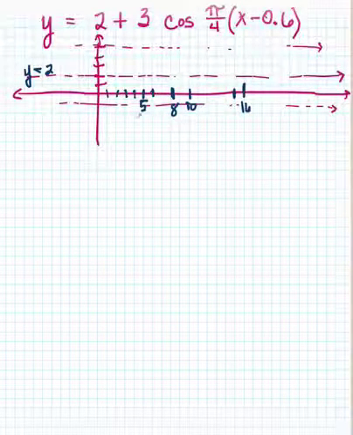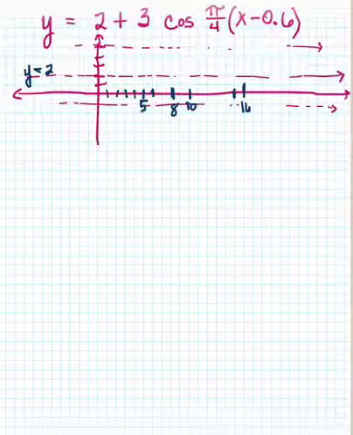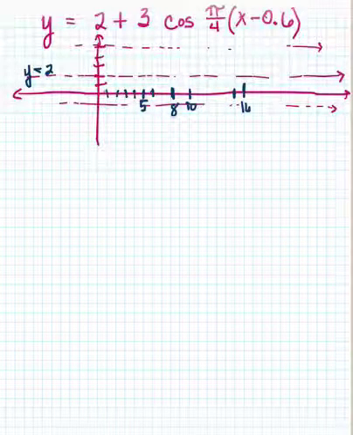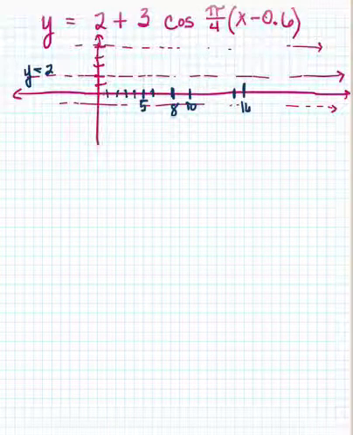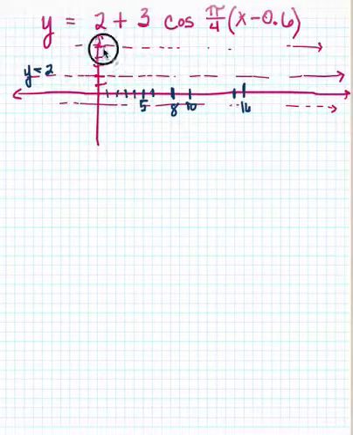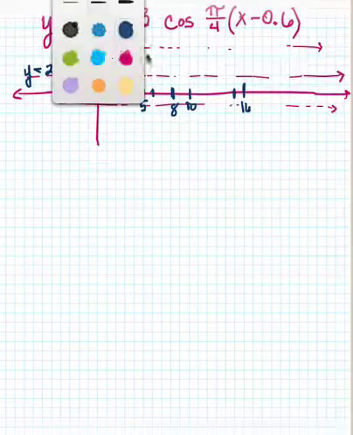Now, it's going to have a phase displacement of 6/10. So that means it's going to start over 6/10, a little bit more than halfway between 0 and 1, and it's going to be at a high point because it's the cosine wave. So we'll put that about right.